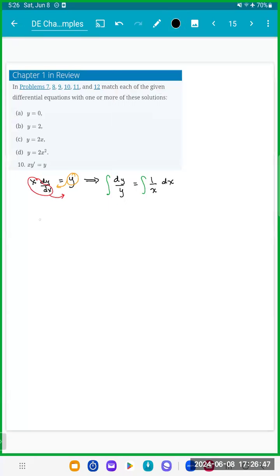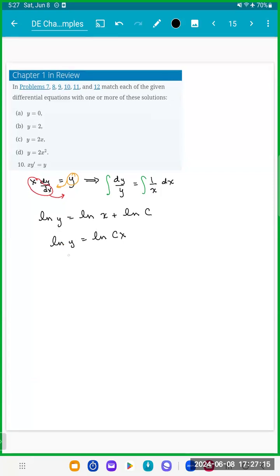And we have that the ln of y is equal to ln of x plus ln of c. So our ln of y is equal to ln of c times x. We're just combining these by using the properties of logarithms.